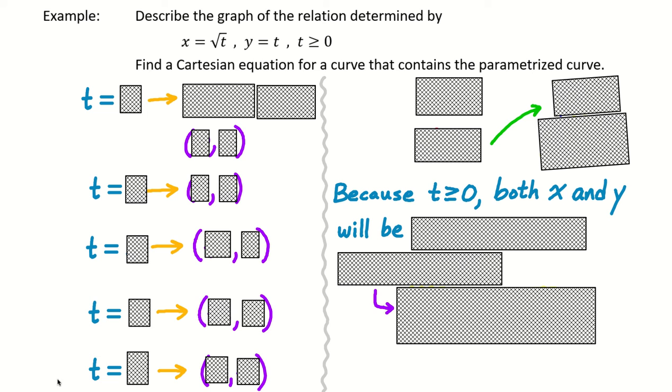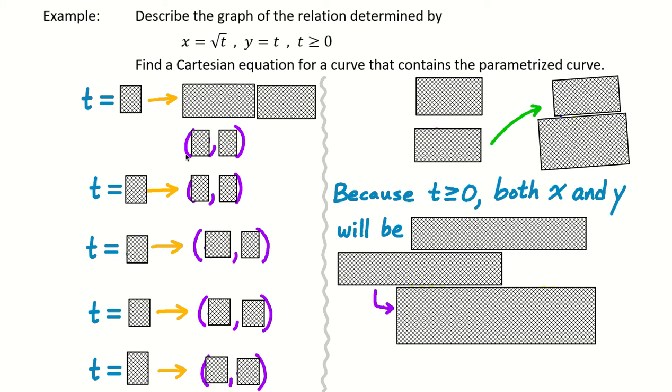Over here, we could generate a bunch of points, even if it's kind of a cheap way, because we have to describe the graph. And then we have to find a Cartesian equation, which means a normal, non-parametric equation. Cartesian means x and y. Over here we're going to look at what the regular equation might be, and it's not going to be so bad, you'll find.